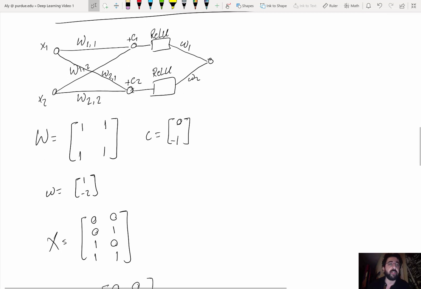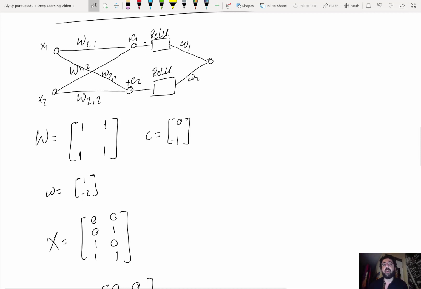Then we have two intermediary solutions. The first is represented by x1 w11 plus x2 w12 plus c1, so it has two weights and a bias. The second is represented by x1 times w21 plus x2 times w22 plus c2.